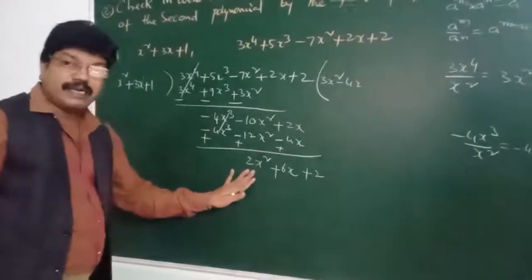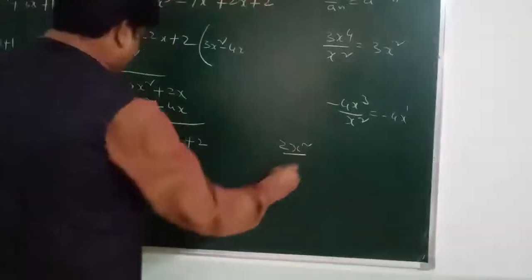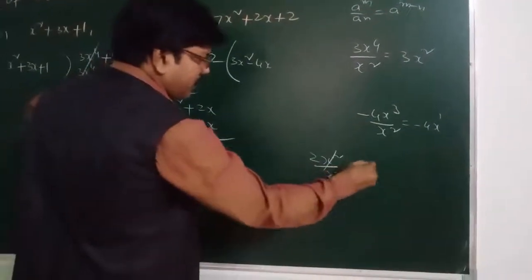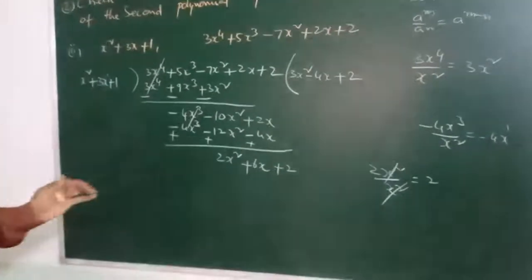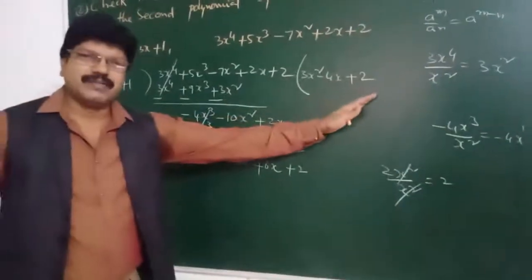This is the dividend. Now 2x square by x square, x square cancels, 2. The last term of the quotient, 2, we get. Now again the same process.